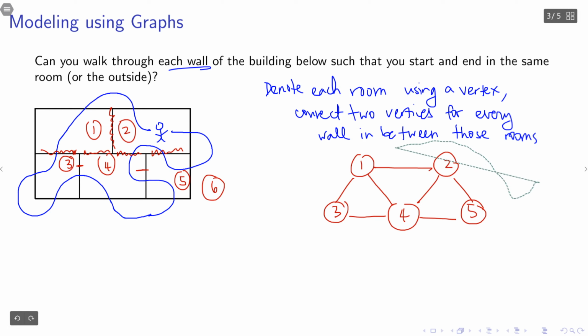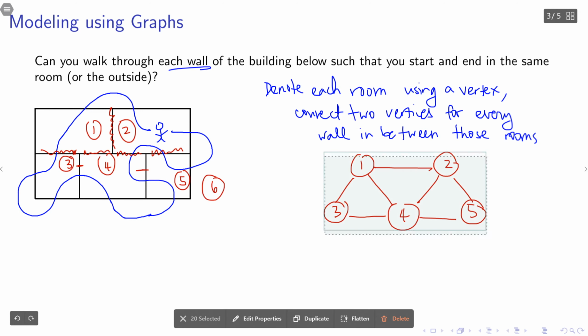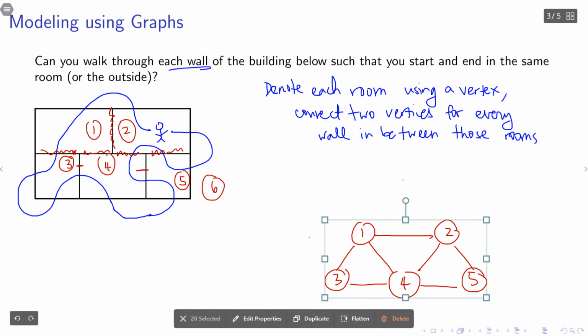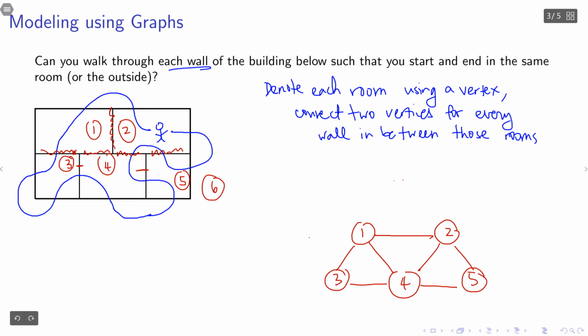So let's do this. I'm gonna put 6 up here, and it's connected to 1 actually twice, because there are 2 walls there. It's connected to 2 twice as well, and then same for 3 and 5.